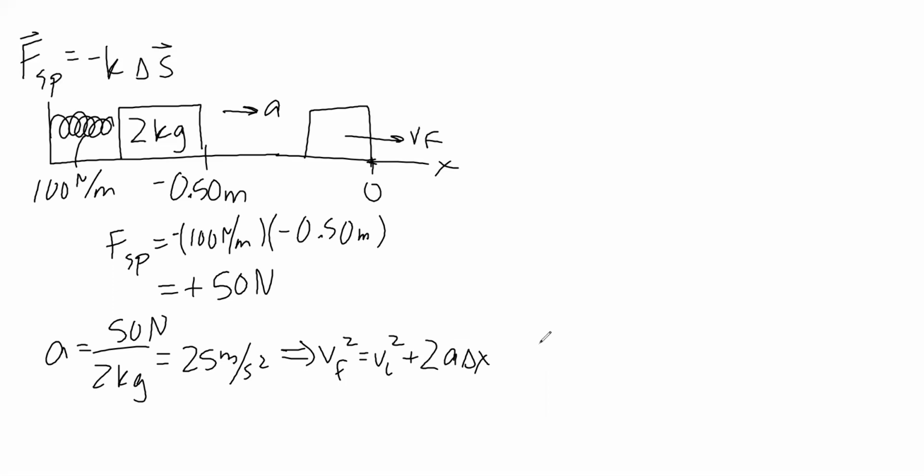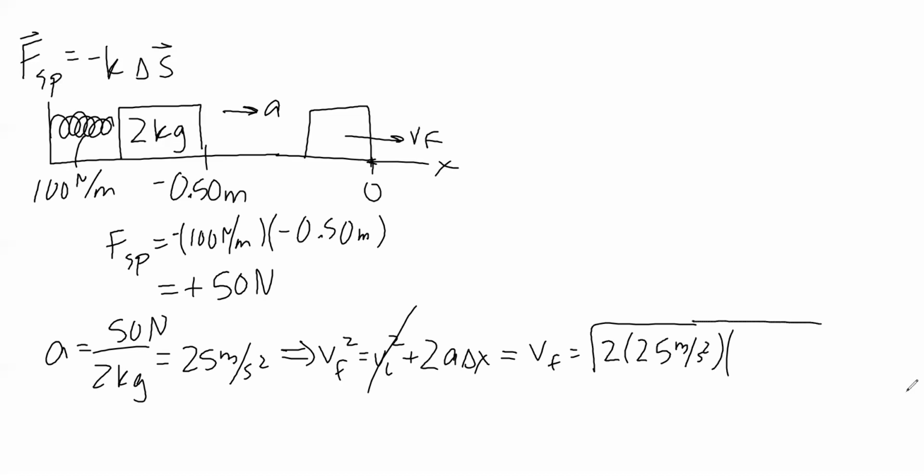All right, the initial speed is 0, and so that v initial squared term gets squashed. And then the final speed is just the square root. V final is the square root of 2 times 25 meters per second squared times the displacement magnitude, which is plus 0.5 meters.